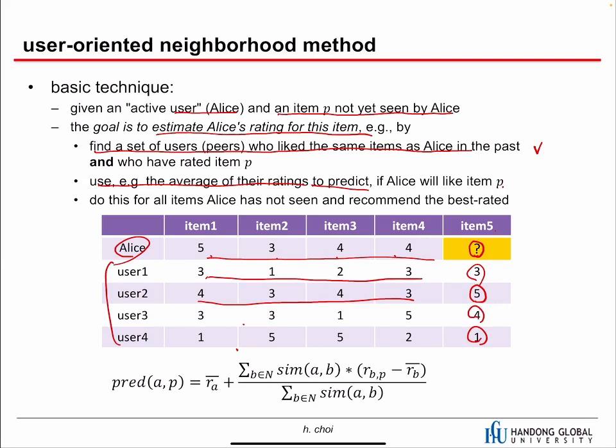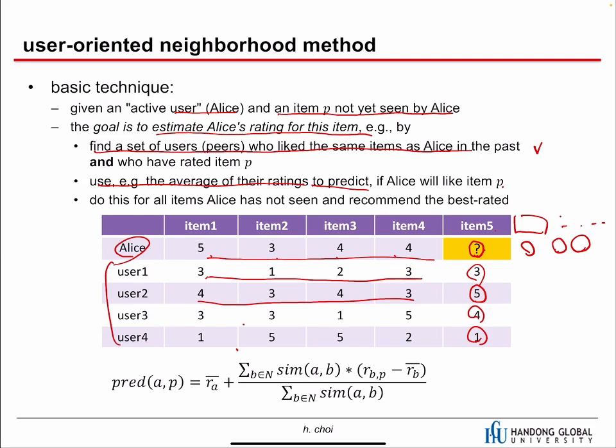If we can estimate this value, then we know how much Alice likes item 5. Then let's say we have another item, and another item. We can do this for all the items that Alice didn't use yet. Then based on these scores, we can recommend the best item, right?